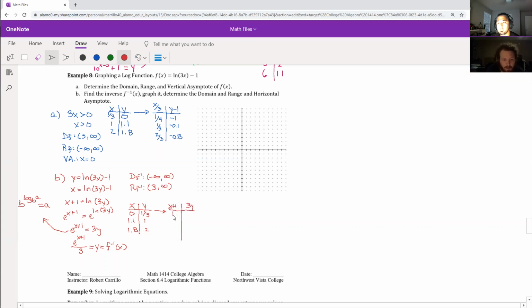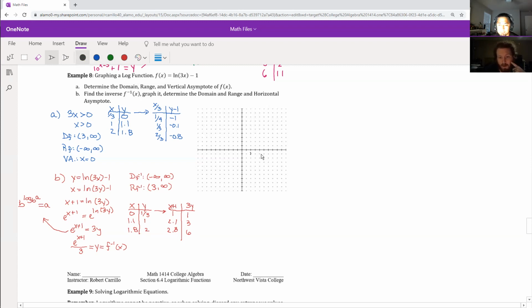So this will give us 1, 2.1, 2.8, 1, 3, and 6. All right, so now I just have to figure out how to graph this. My y scaling is going to be jank no matter what, but I'll scale it by 2 and see where we get to.